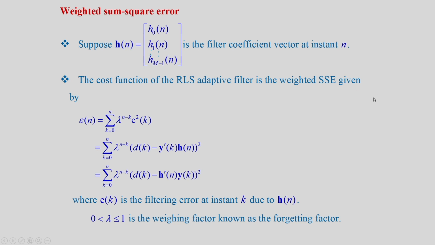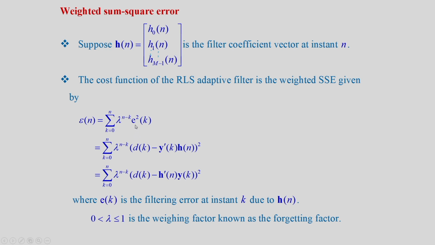This is given by this, that is ε, the sum square error, equal to the summation of λ^(n−k) e²[k], k going from 0 to n. So, up to instant n, from k equal to 0 up to instant n, all the error squares are weighted and summed up.